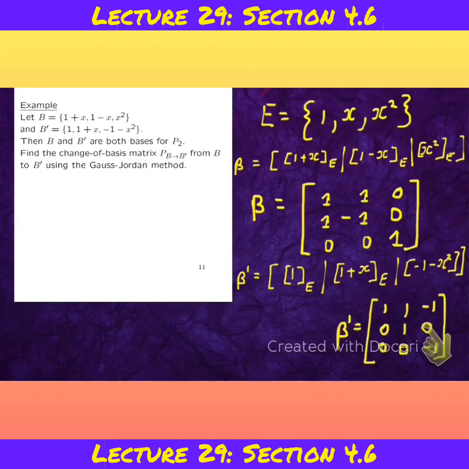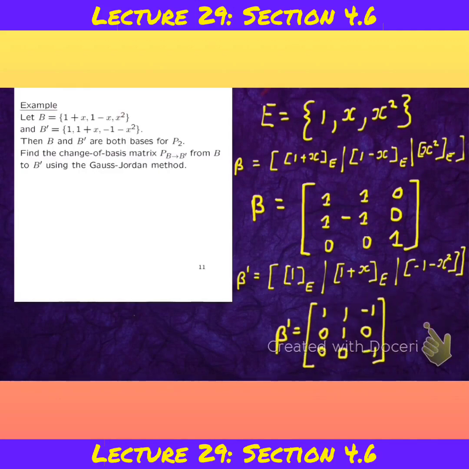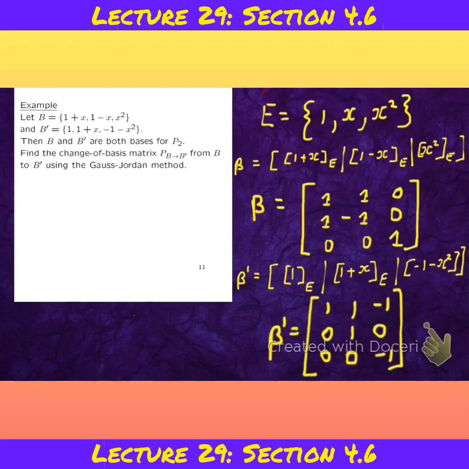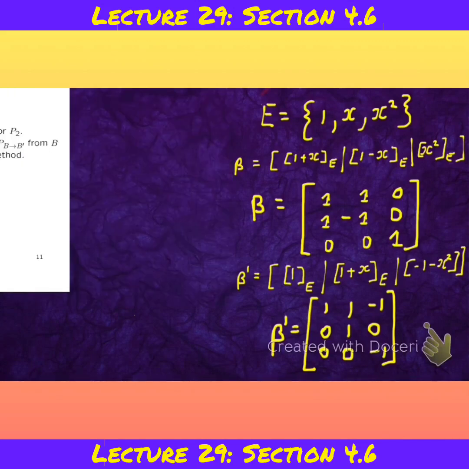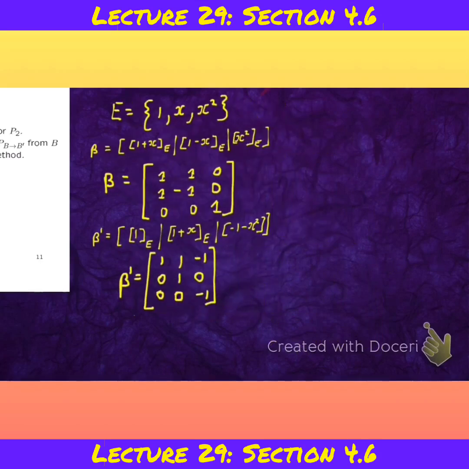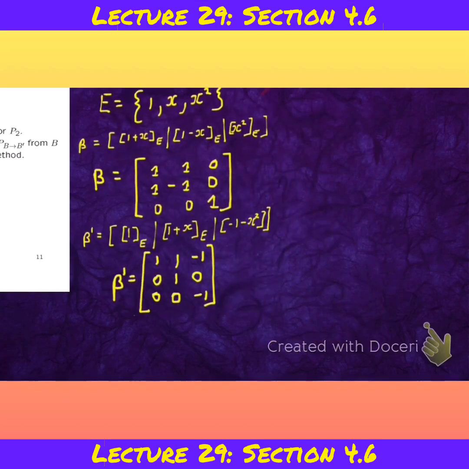That can be done in a similar way as the previous case. So there we have the columns of my matrix that I put together, and it gives me the matrix B prime. All right, and now we can go and continue from there.